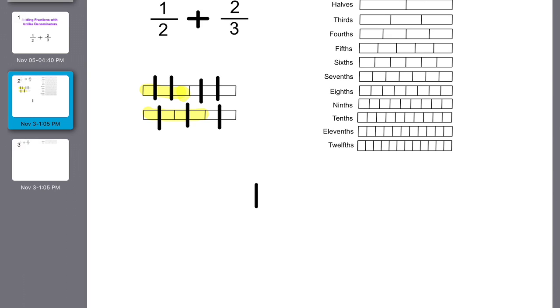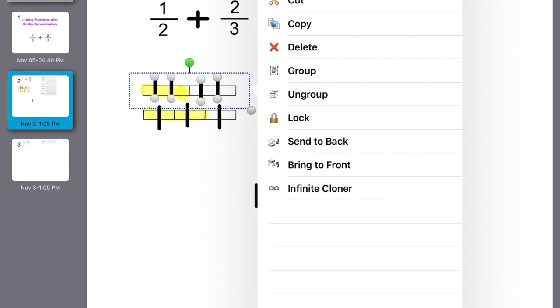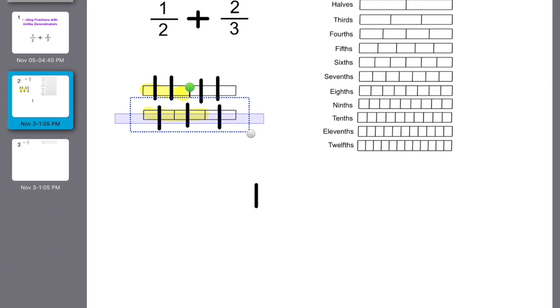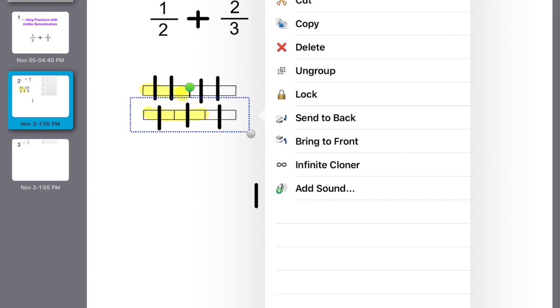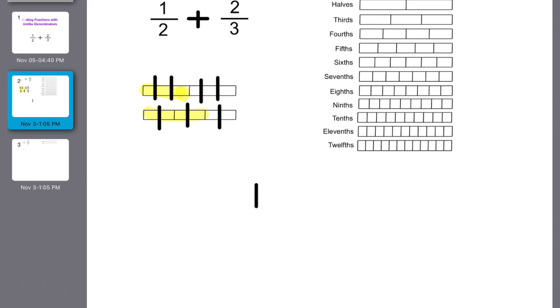Now that we have equal sized parts of 6 for each fraction, we can start adding the shaded parts together. So what I'm going to do is group this together and group this together. Oops.